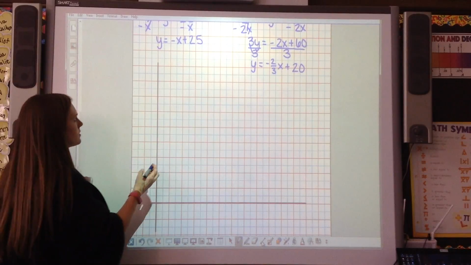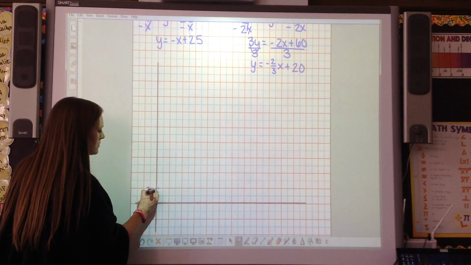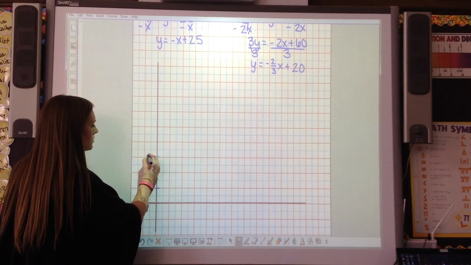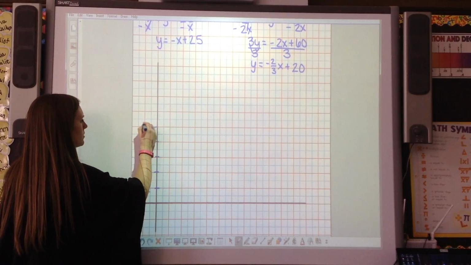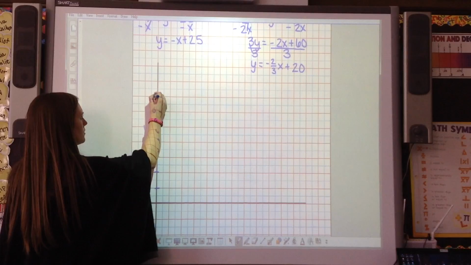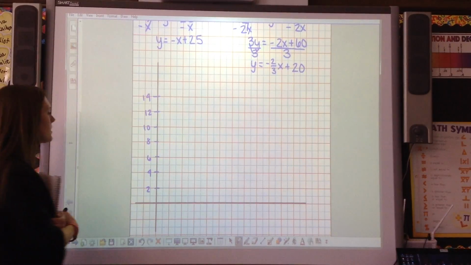Okay, let's label these a little bit. This is 2. I'm still not going to have enough room.